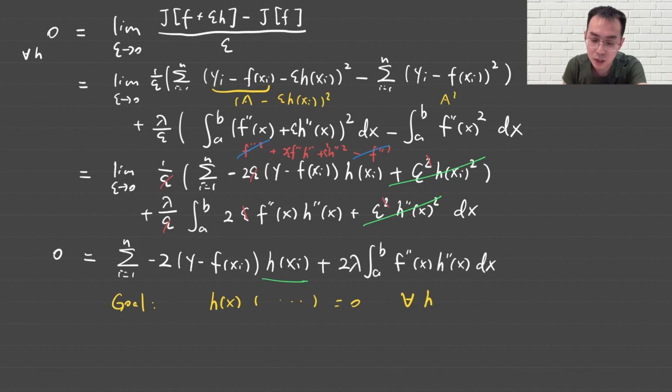So it's not really a continuous function in the first term. In the second term here, we have the second derivative of h, but what we want is to convert it into h of x. So there are two things to do, and let's just do it one by one. Let's call this first term, and this term here second term.